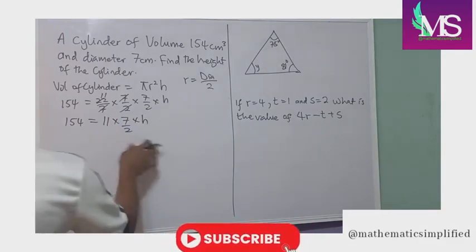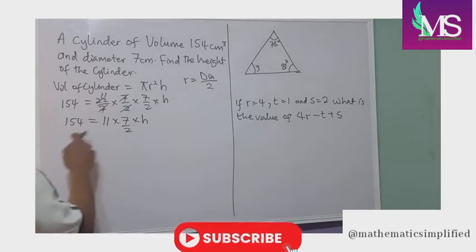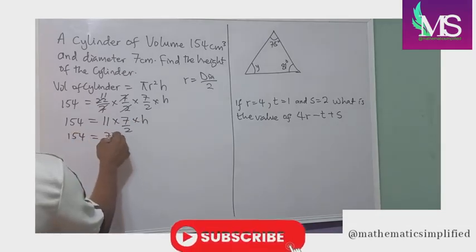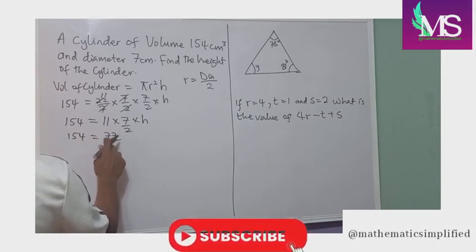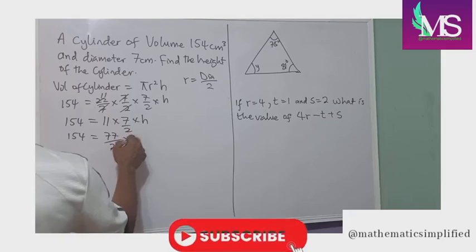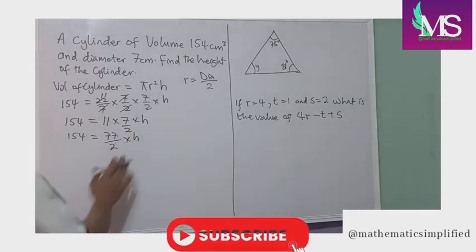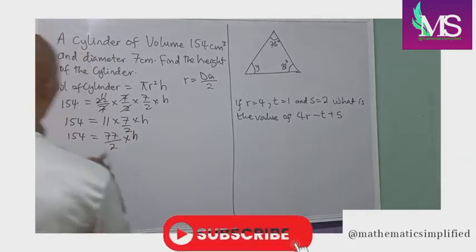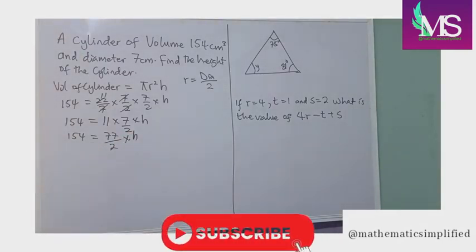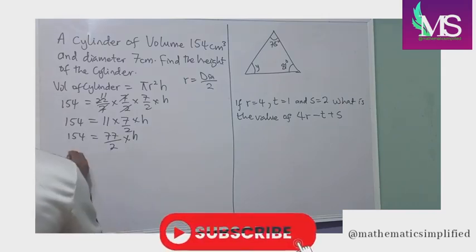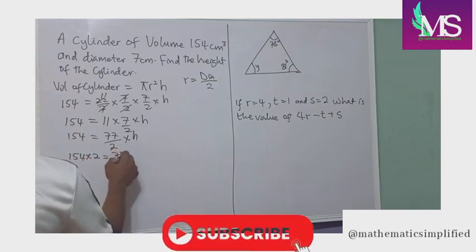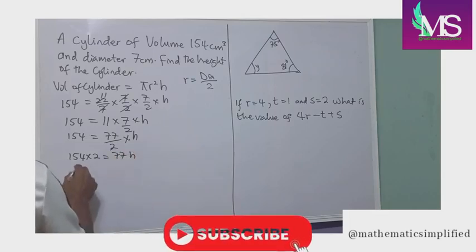Having this, we can say 154 equals 77 over 2 times h, or 77h over 2. Now we multiply both sides by 2. This becomes 154 times 2 = 77h.